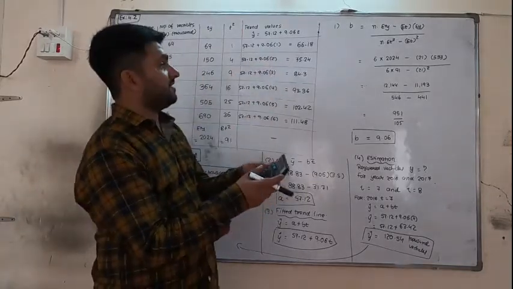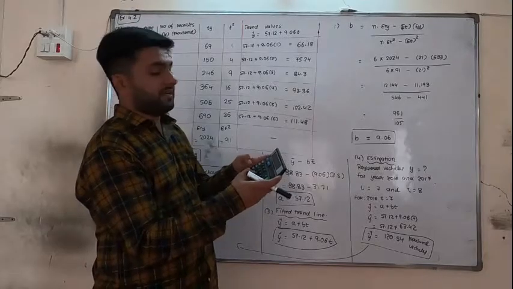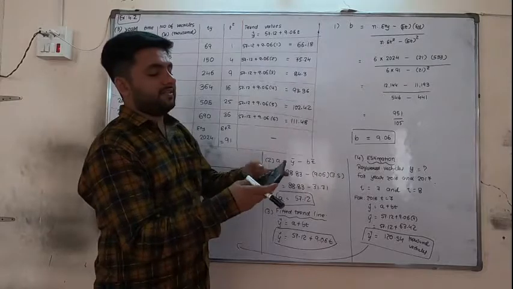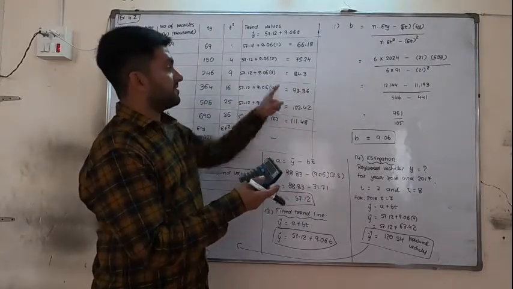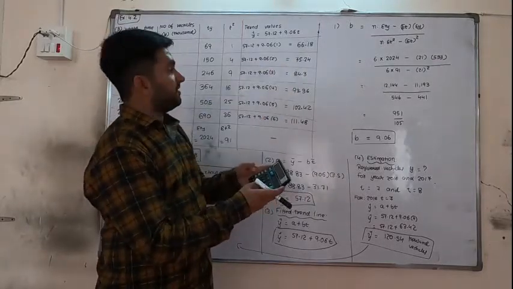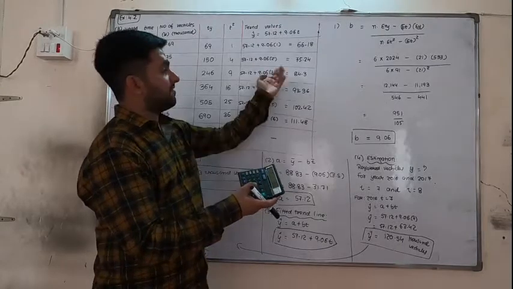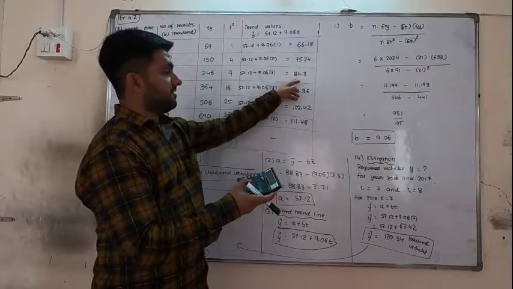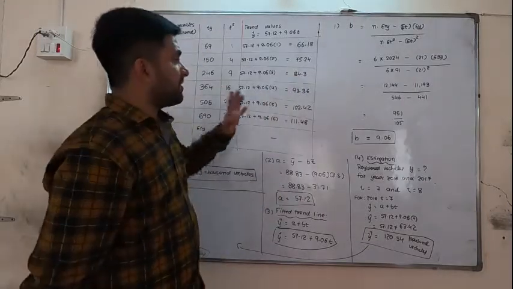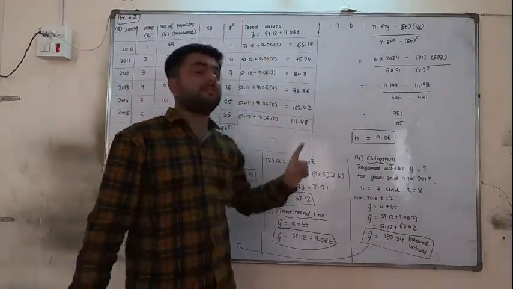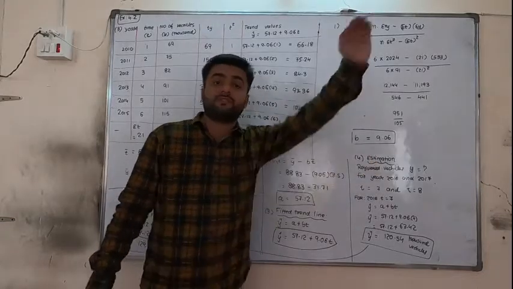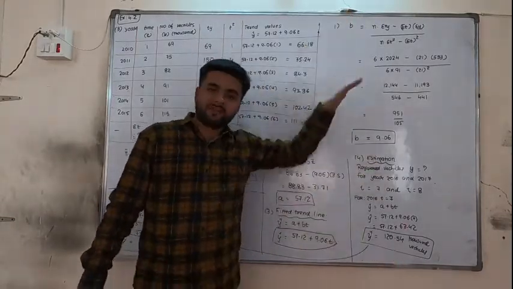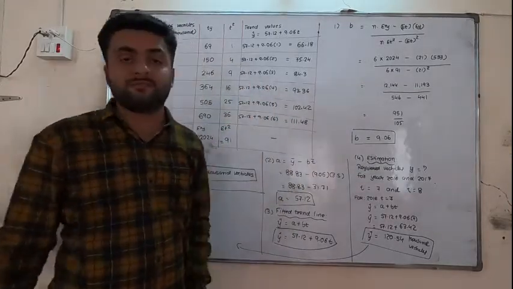If you find the difference, 75.24 minus 66.18 is 9.06. Again 84.3 minus 9.06 is 75.24. 93.36 minus 9.06 is again 84.3. So in short, all these values will have a difference of b, because b is the slope. Slope means going upwards or going downwards. If it is minus, then values will decrease. If it is plus, then values will increase.